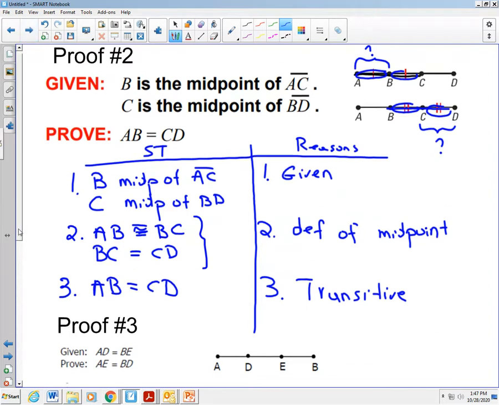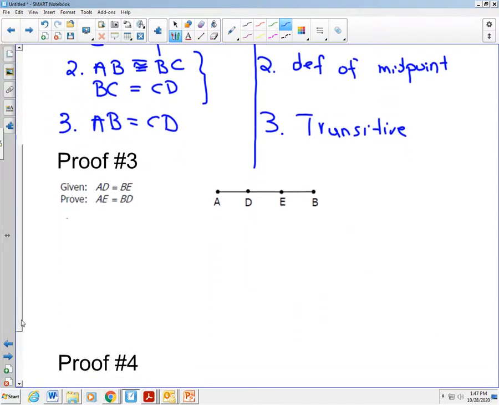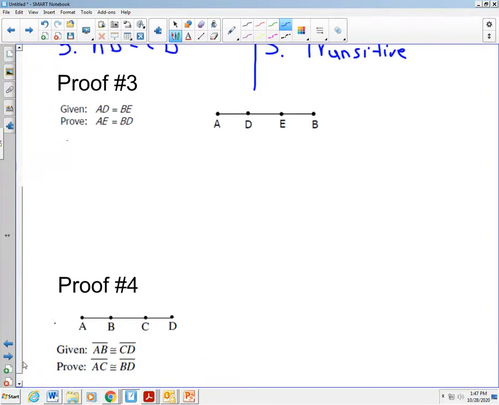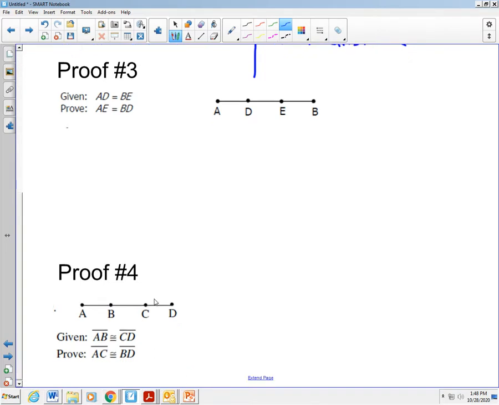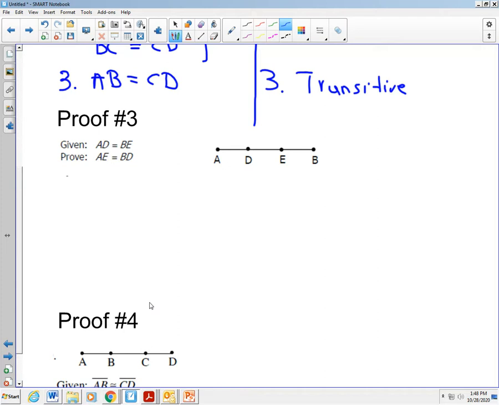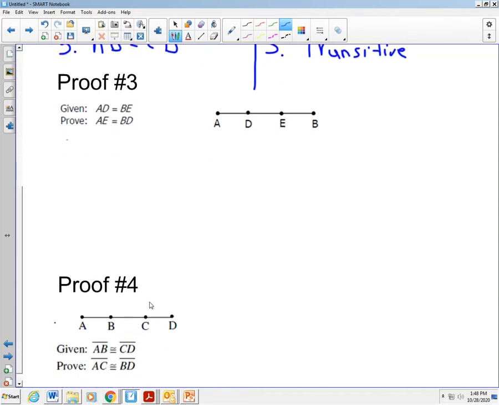All right, and proof number 3. Okay? Proof number 3. AD is equal to BE.